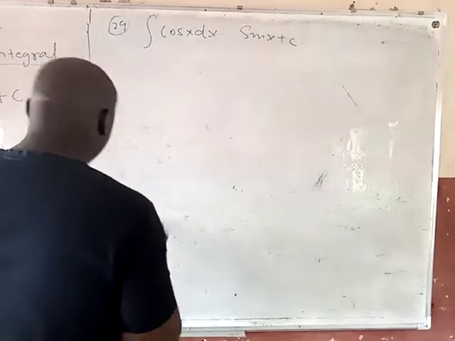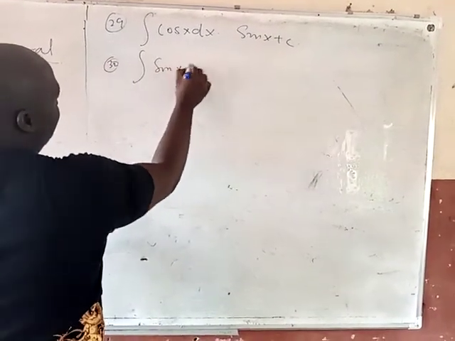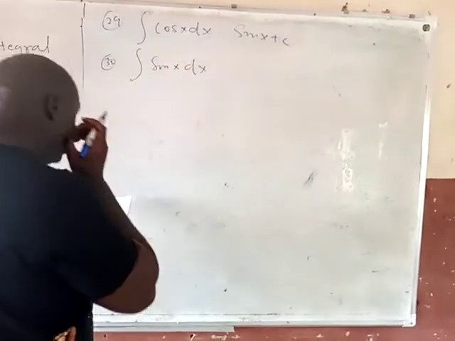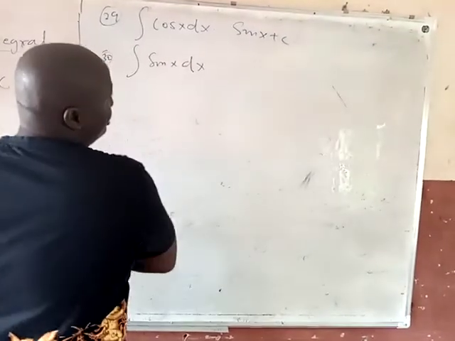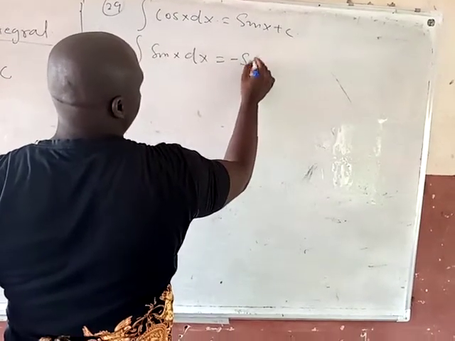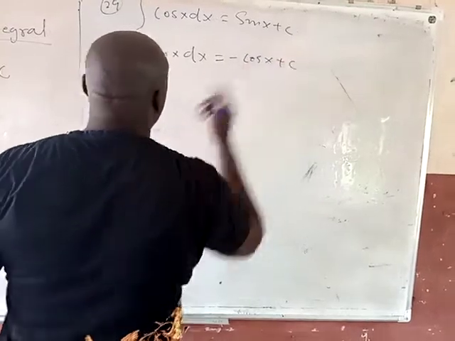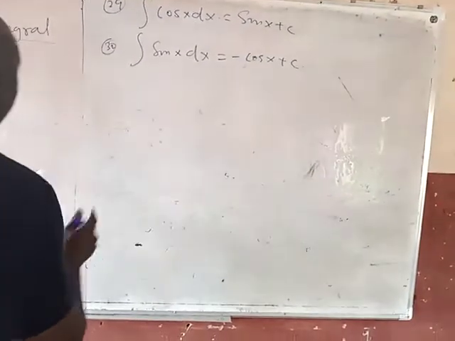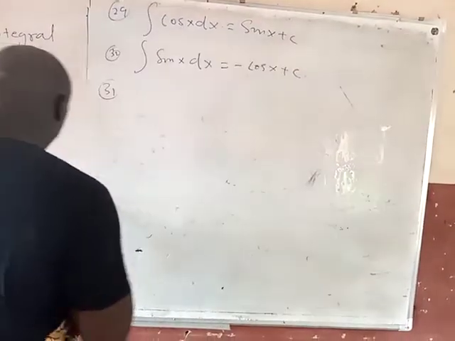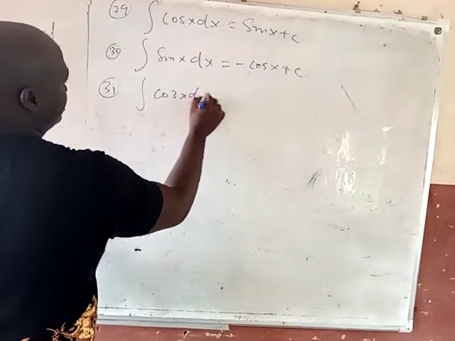Good. What if you integrate number 30? If you integrate sine x dx, your answer will be what? Whenever you integrate sine, your answer is equal to minus cos x plus c. Good. Number 31. What if I give you something like this, cos 3x dx?